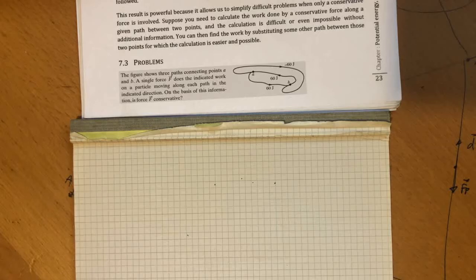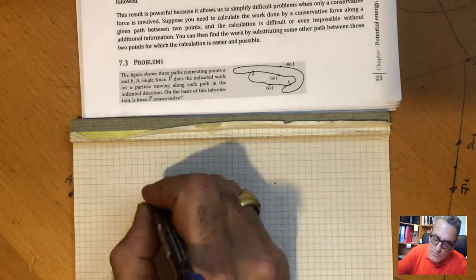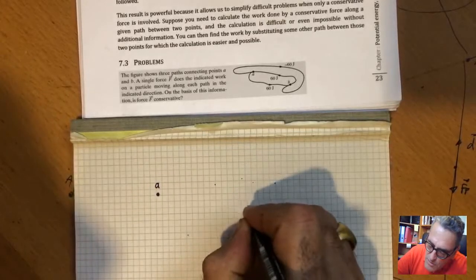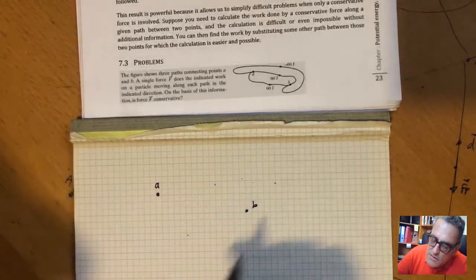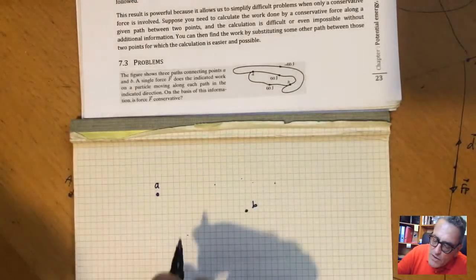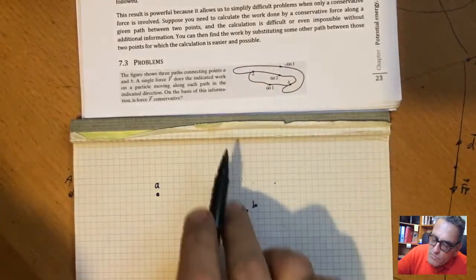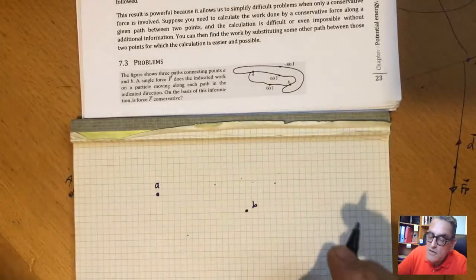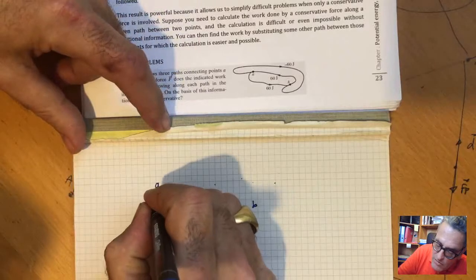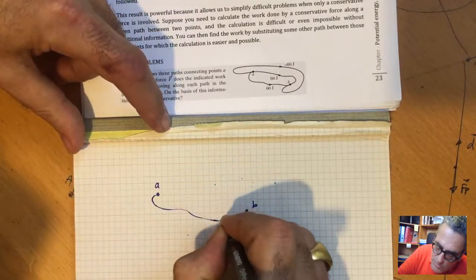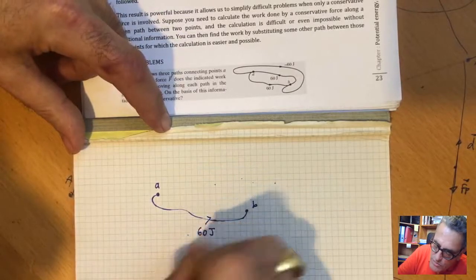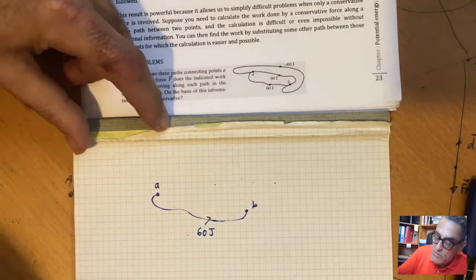Maybe you have a solution. So let me restate this problem. We have a point A and a point B, and the work necessary to go from A to B over different paths, or B to A, is indicated here. One path goes about this way, and here the work is 60 joules.